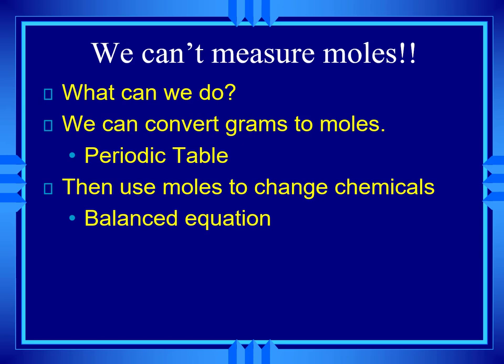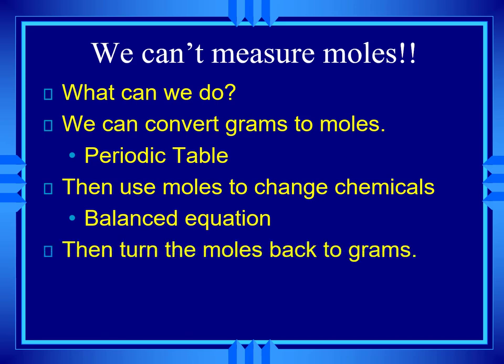And then we're supposed to be predicting how much we make. To see how good we did, we're probably going to have to weigh it again. So we can take those moles and turn them back into grams. And once again, that's going to be using the numbers off the periodic table.